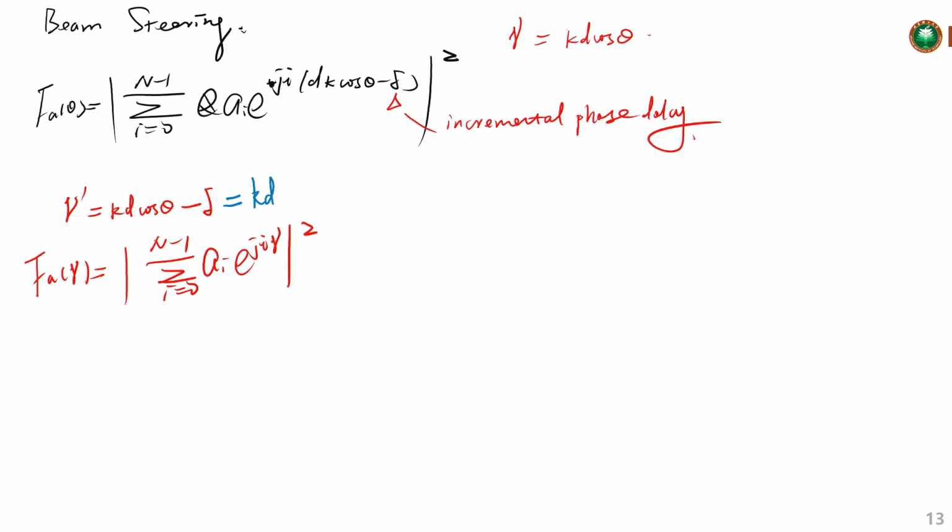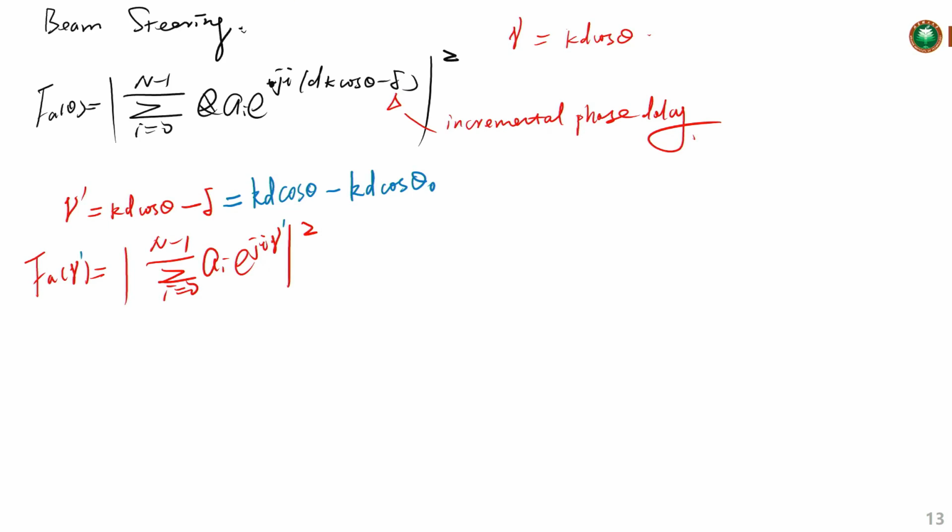And I want to express delta as k d cosine theta naught, like this one. Why express it like this? Because it's going to help us explain how beam steering operates.